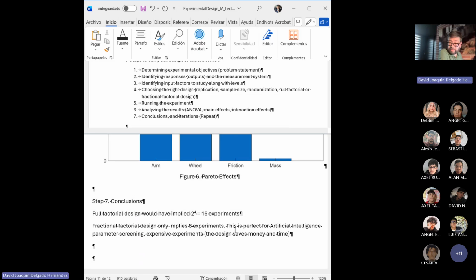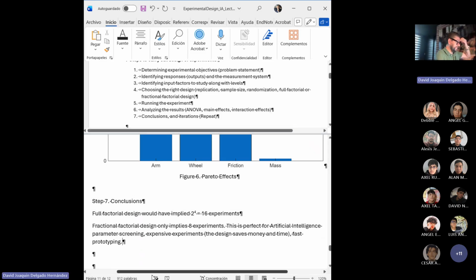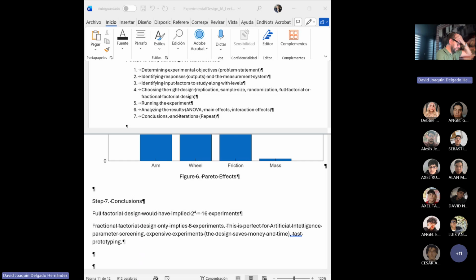So if you have this problem, then you can use this type of design, and then you can have fast prototyping. Okay, so that is some of the conclusions that we can draw here in this second experiment, second case.